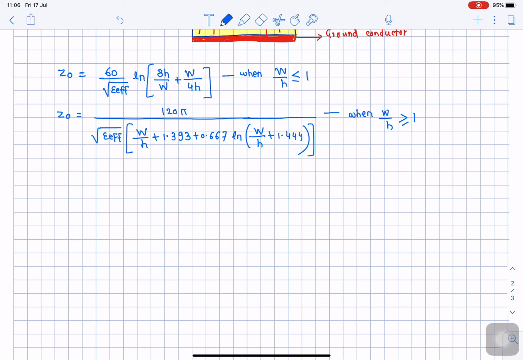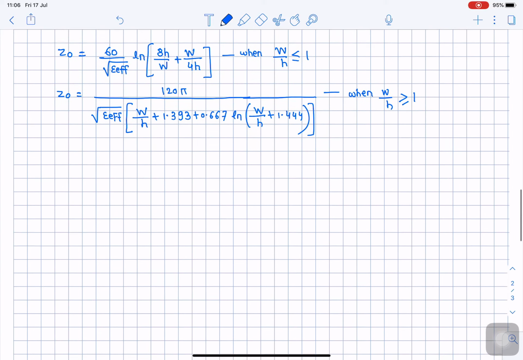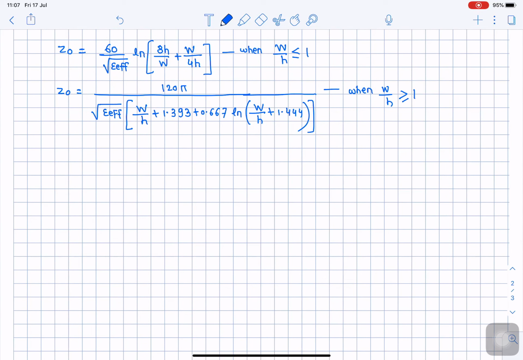In these equations the effective dielectric constant is very important, and it again depends on the ratio of width to height. So similar to characteristic impedance, the effective dielectric constant has two separate equations.